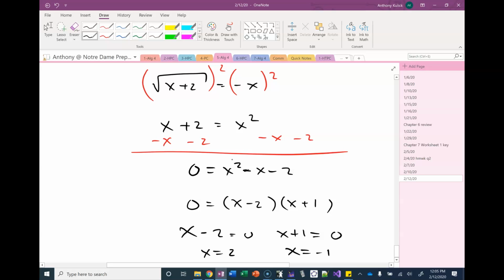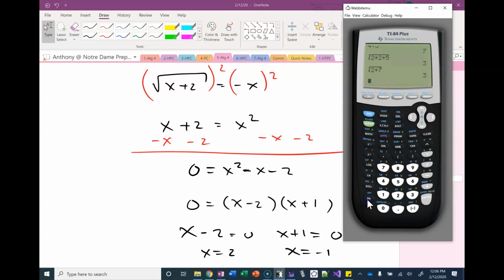Am I done? No. What do I still need to do? Jeepers creepers, I still got to check. All right. So where do I check at? Have to check at the very beginning. So I'll use x equals 2 first.